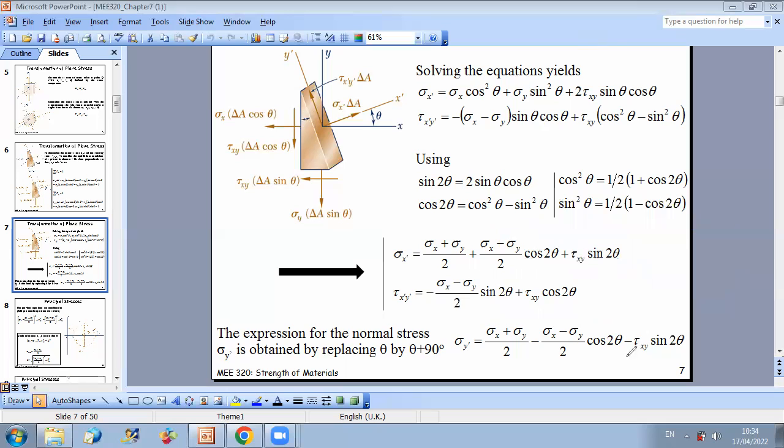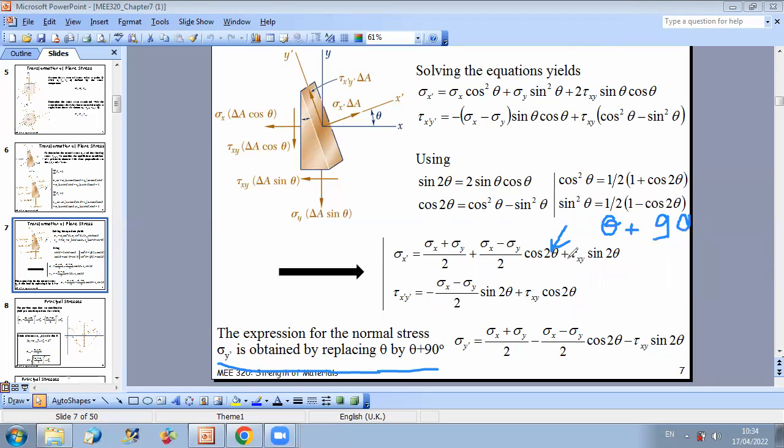Now, as we already mentioned before, you can easily deduce the expression of normal stress along y prime by just replacing angle theta by theta plus 90, because to rotate from x to y prime, the angle will be theta plus 90.